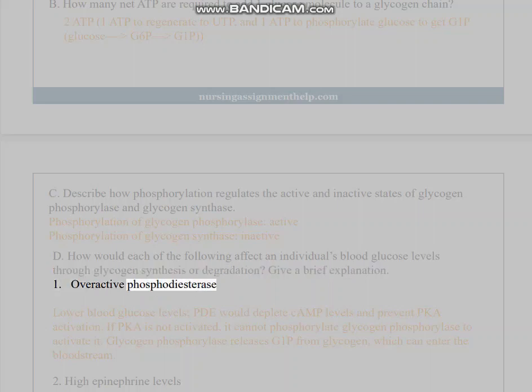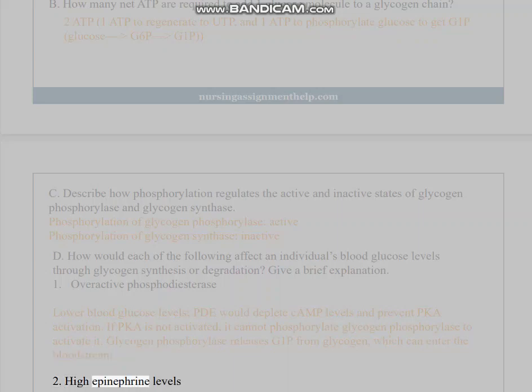Overactive phosphodiesterase. Lower blood glucose levels. PDE would deplete cAMP levels and prevent PKA activation. If PKA is not activated, it cannot phosphorylate glycogen phosphorylase to activate it. Glycogen phosphorylase releases G1P from glycogen, which can enter the bloodstream.